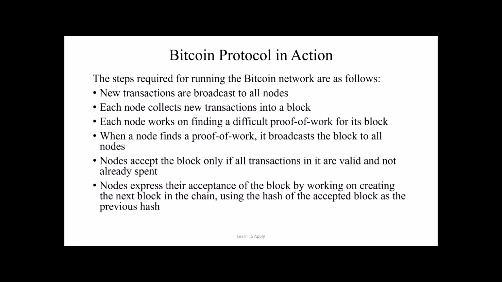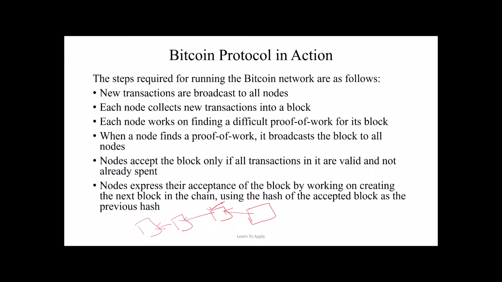If this is a recent block that was recently mined, what do nodes do to show that they have accepted this block? They will try to participate in the proof of work mechanism, the consensus, by referring to this block as the previous block.